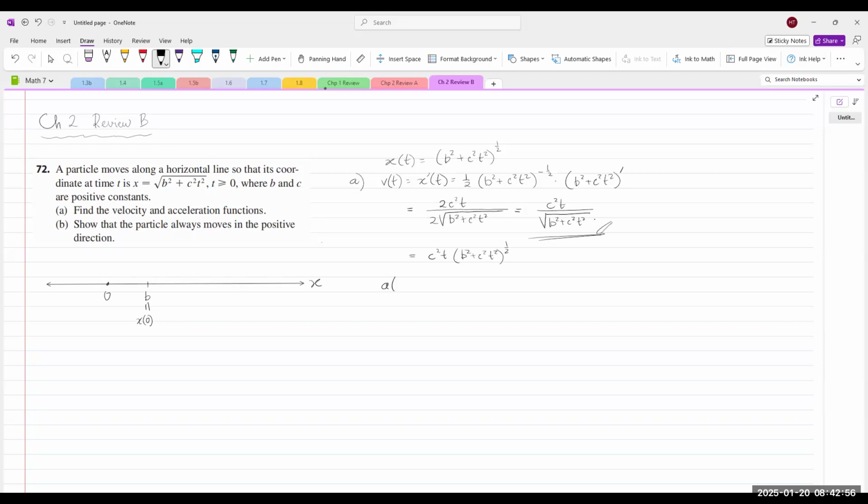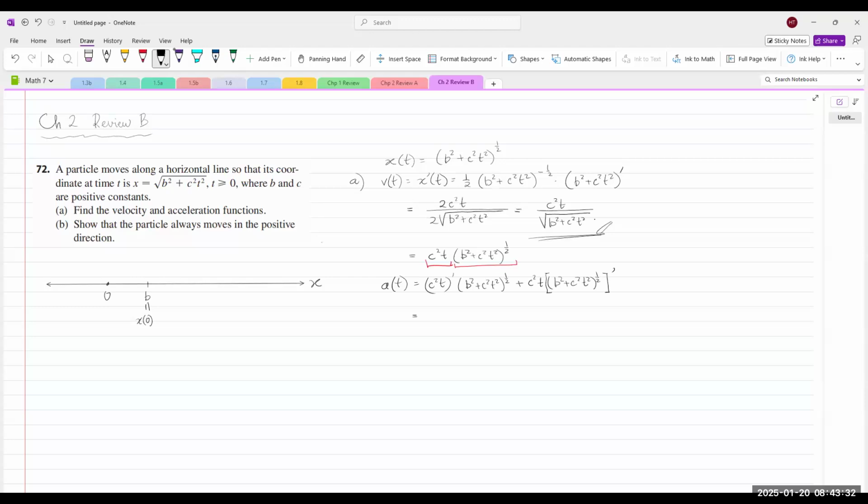So the acceleration function will be, I need to do the product rule, this guy times this guy. So the first one will be (c squared t) prime times (b squared plus c squared t squared) to the power of 1/2, plus c squared t times the derivative of that, which is the position function.